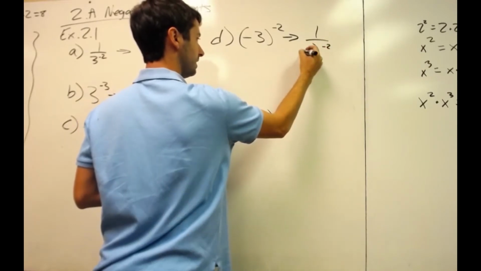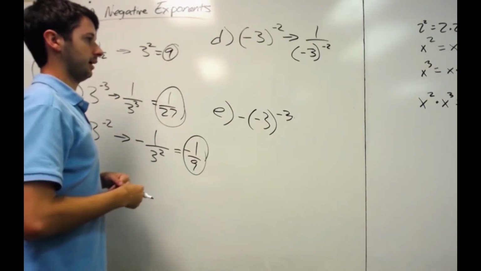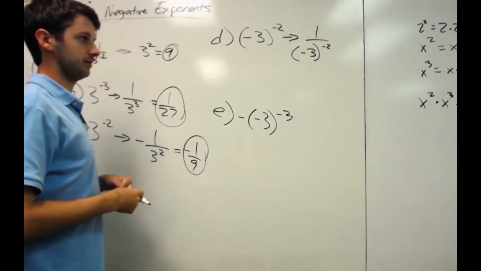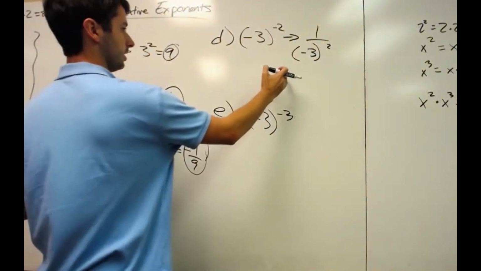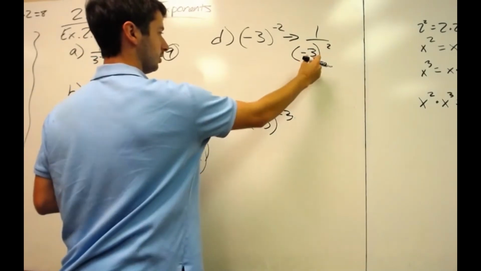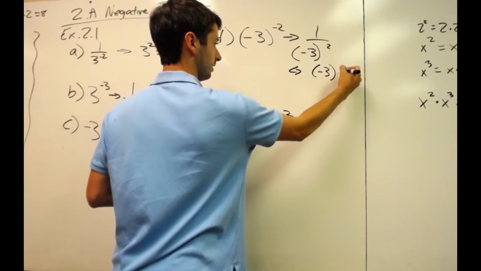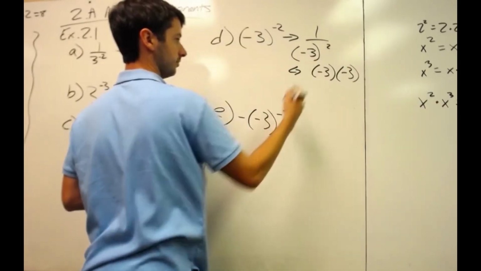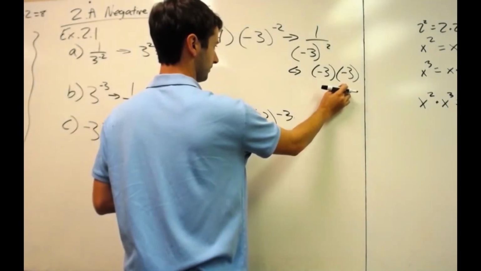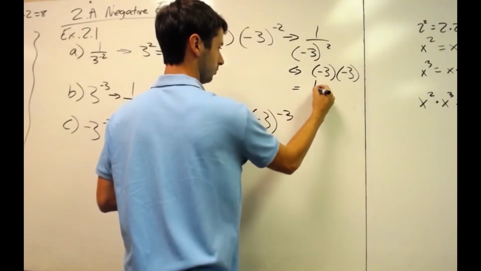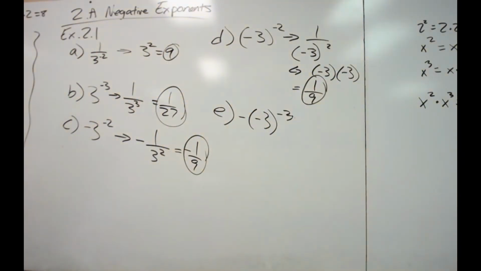We actually have to keep the parentheses because, instead of multiplying 3 times 3, we are actually having to do negative 3 times negative 3, since it's squared. Negative 3 times negative 3 is still positive 9, so your answer would be 1 over 9. So that's how you deal with the negatives.